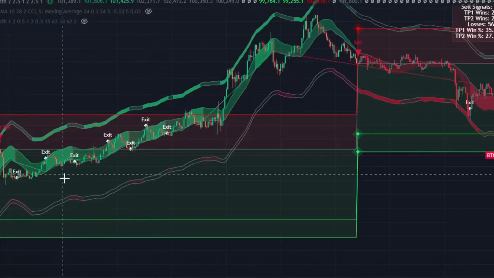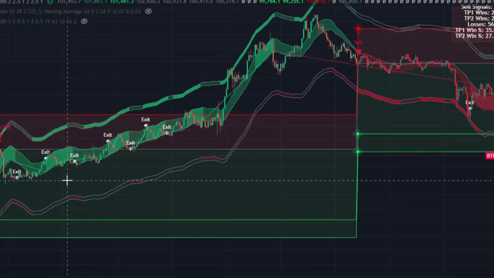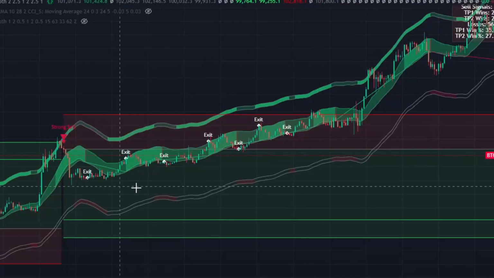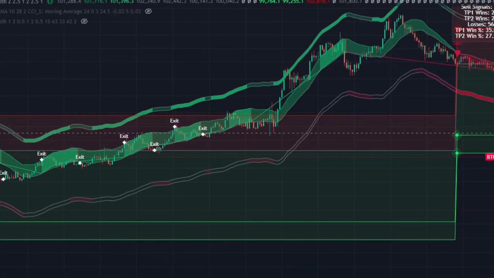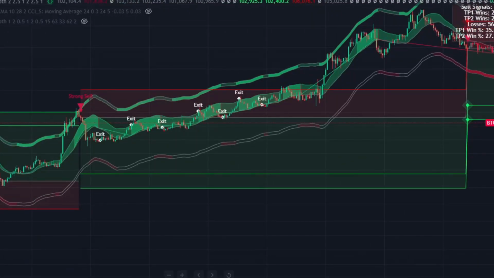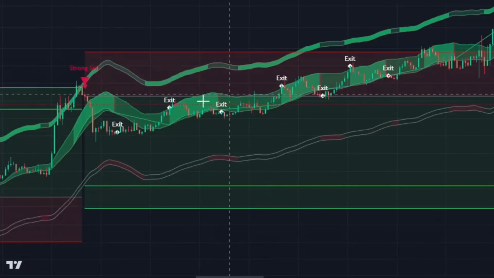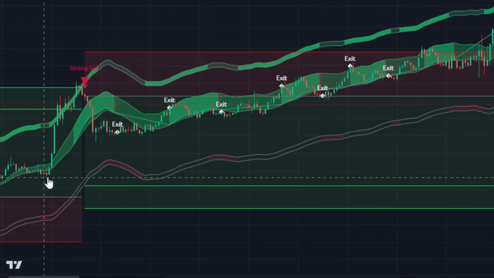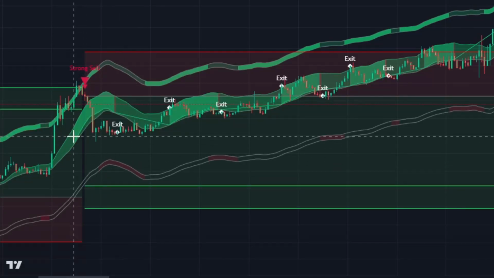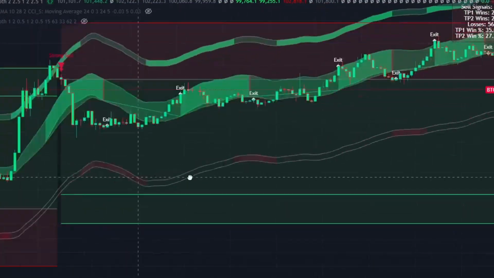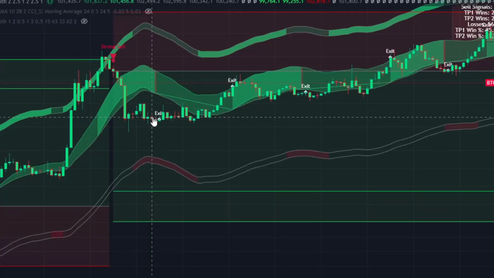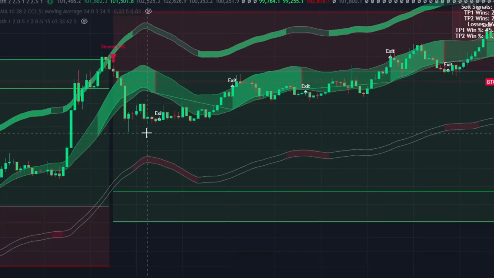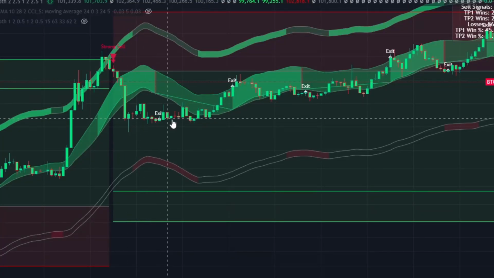This trade right here was crazy. Yeah, I remember this trade. So this was like a strong sell. It thought that it was going to go down, and it did, but then out of nowhere, a bunch of buy pressure came in, steady. But look, what did the indicator do? It told you, hey, the market's looking kind of weird, it should be going down but it's looking kind of weird, so just go ahead and get out right here.